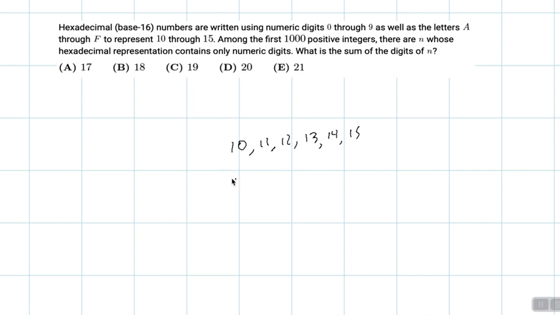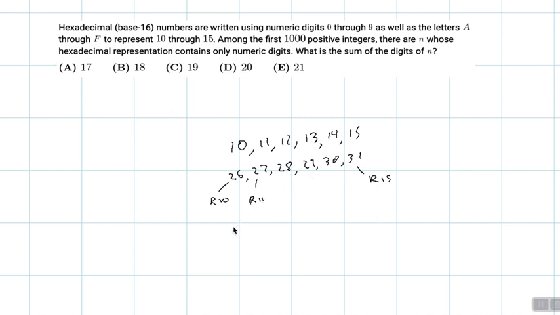And the same is true for 26, 27. You divide these numbers by 16, and the remainder is 10 here, 11 here, and 15 here. Anytime the remainder is a two-digit number, that's when the representation is not going to be numeric.